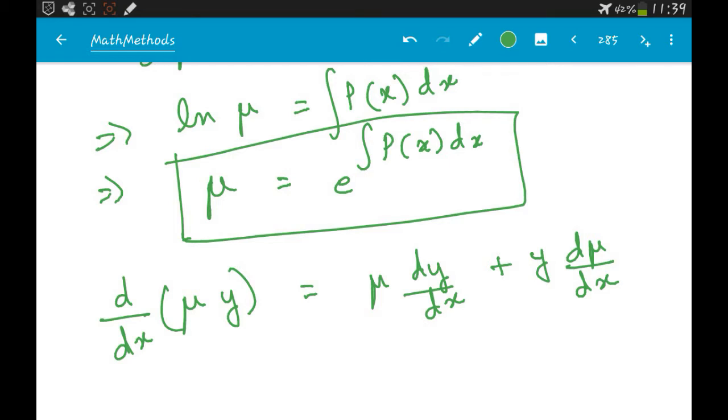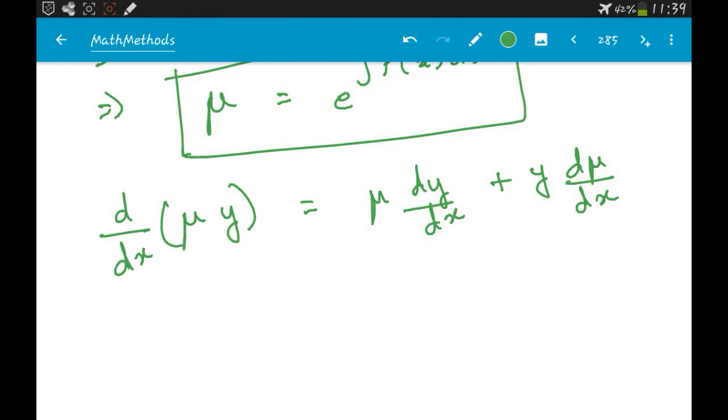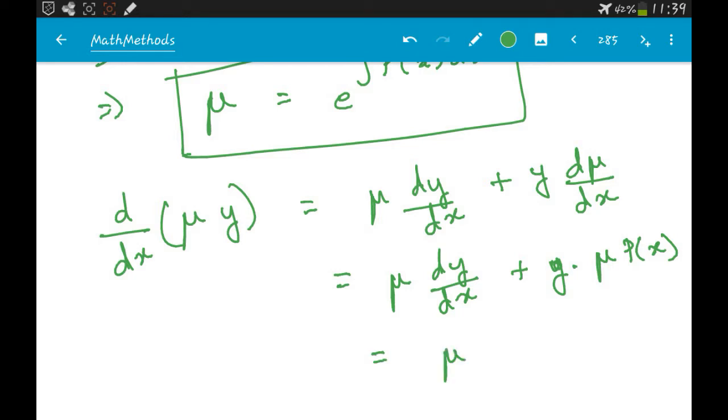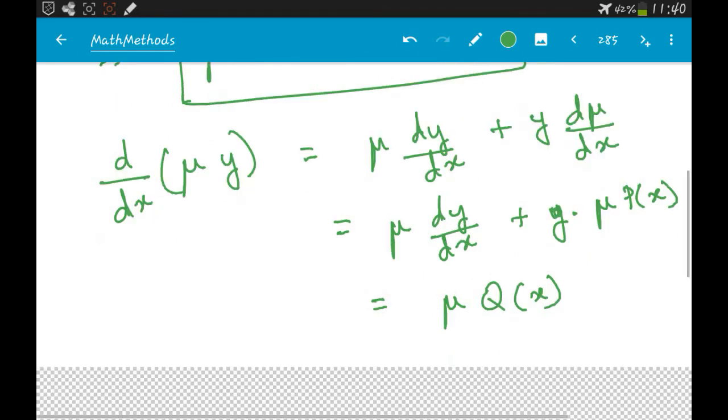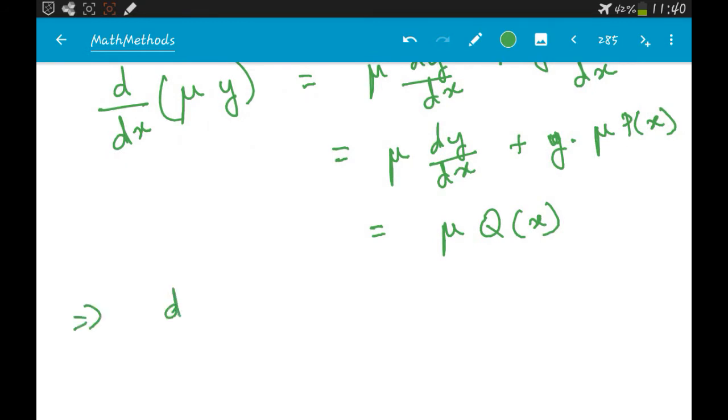Let's now compute this, and this was nothing but our mu into dy by dx plus y into mu into p of x, right? And what is your right hand side? Right hand side is mu into q of x. So now we have d by dx of mu into y is equal to mu into q of x.